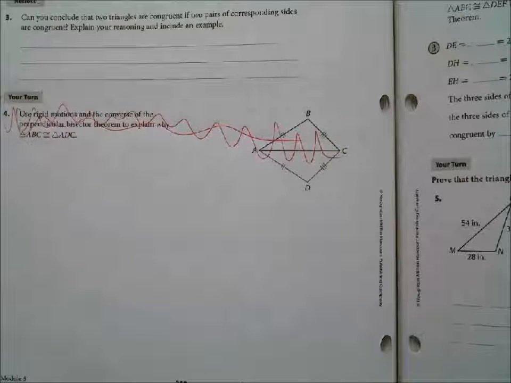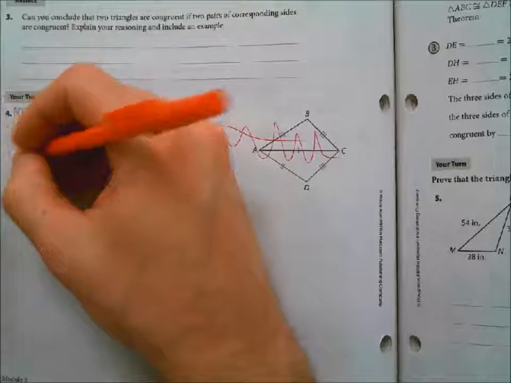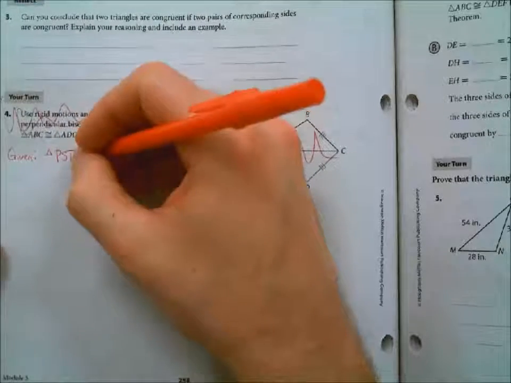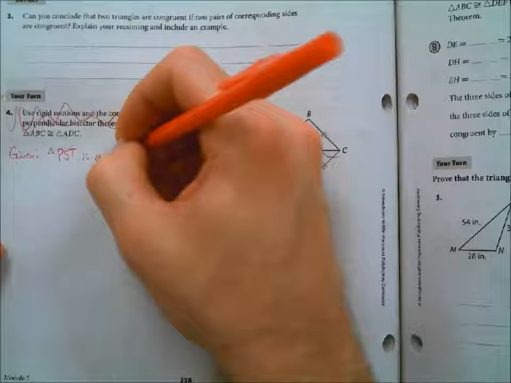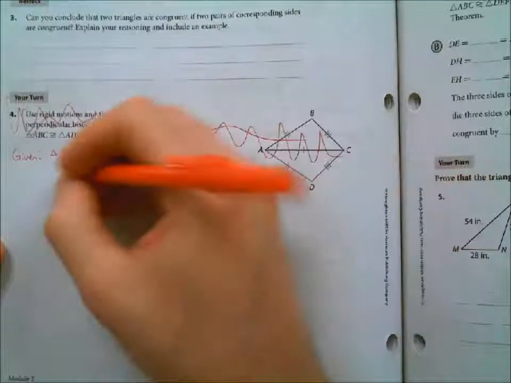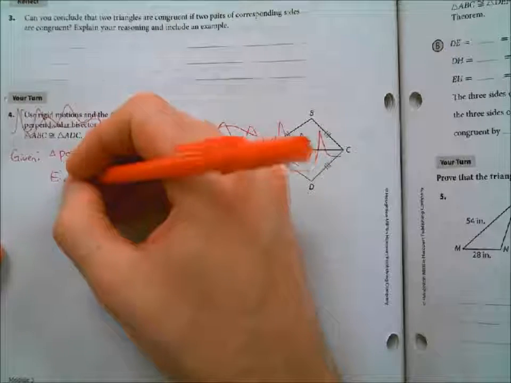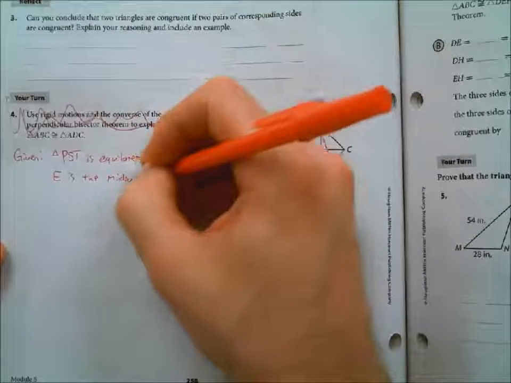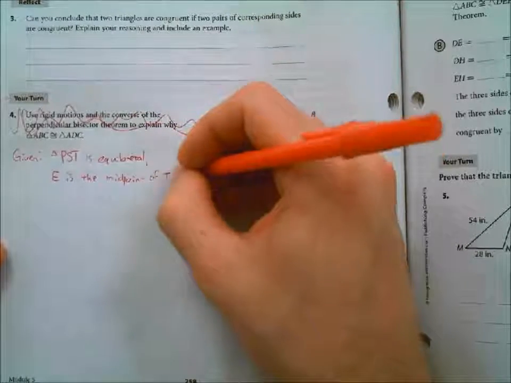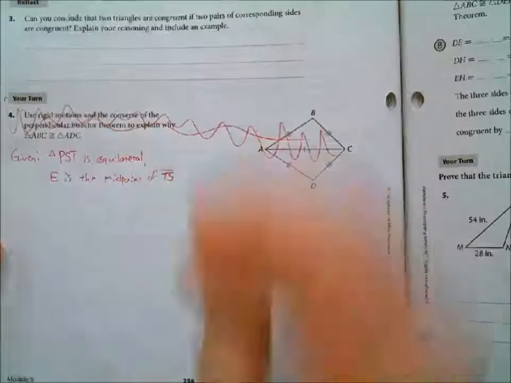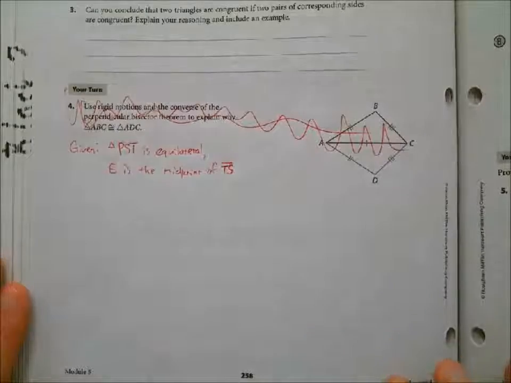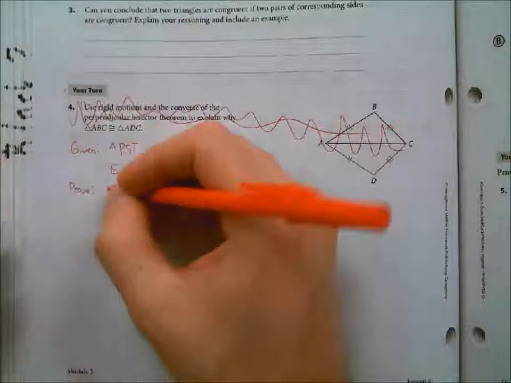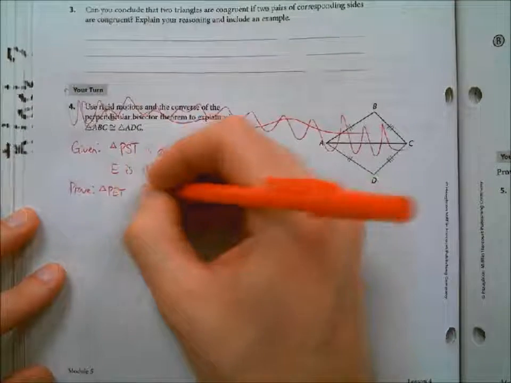Okay. So let me give you this. Given triangle PST is equilateral and E is the midpoint of segment TS. Oops, sorry, I'm off. There we go. Okay, so given that, we're going to prove that triangle PET is congruent to triangle PES.